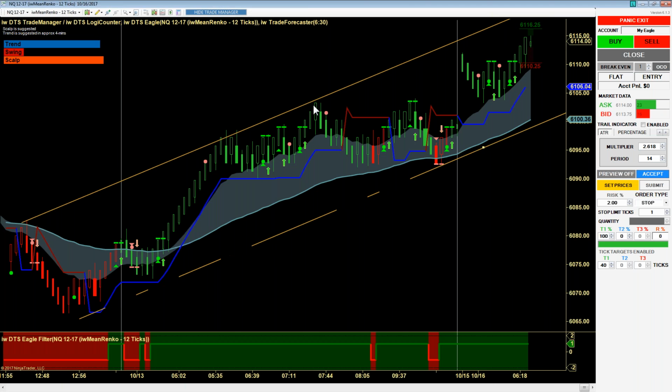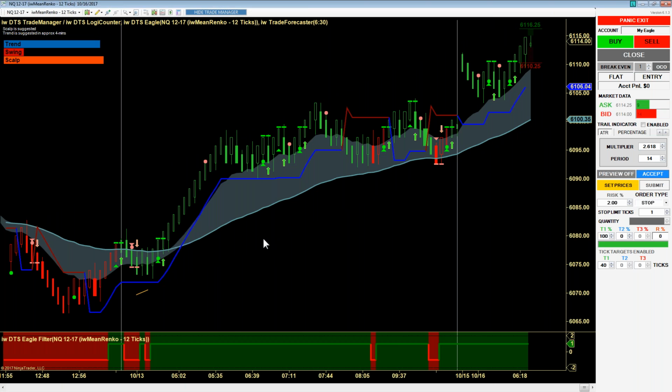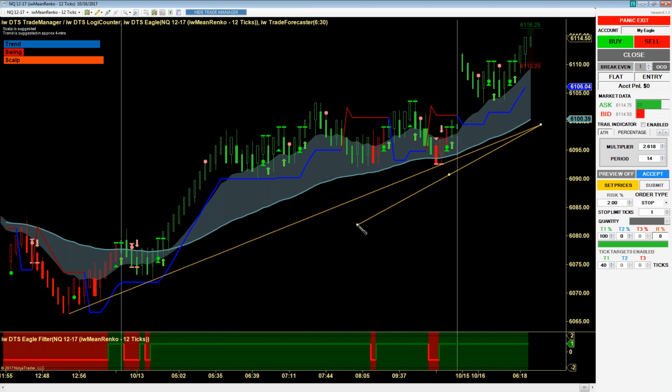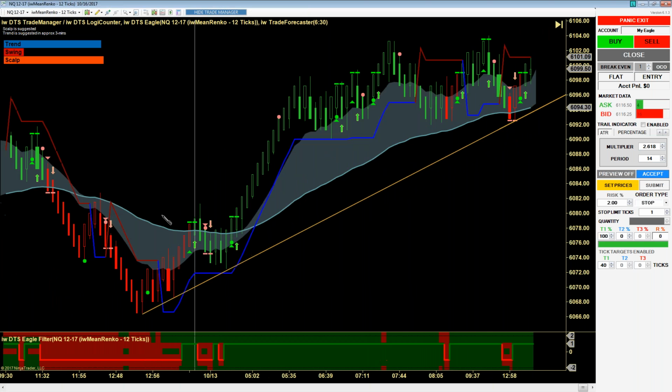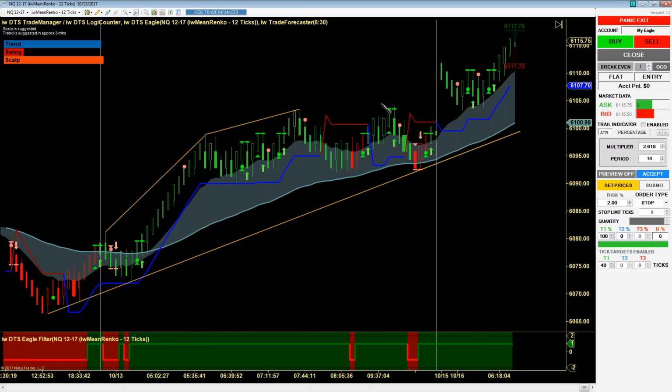Another way to accomplish that, you know how we're always drawing trend lines in bull trends across the lows? Well, you can also draw trend lines in bull trends across the highs. Kind of like connecting the dots, doing a connect-a-dot when you were a kid.